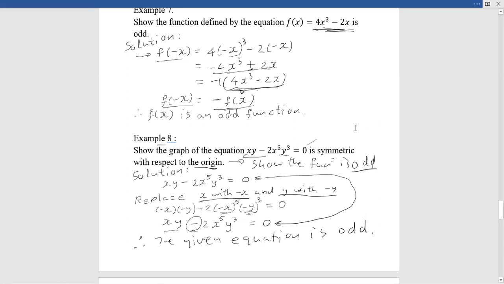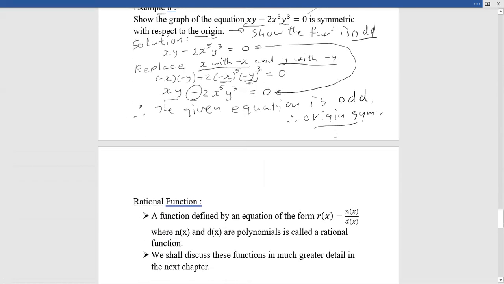That means it has origin symmetry. Origin symmetry. All right.